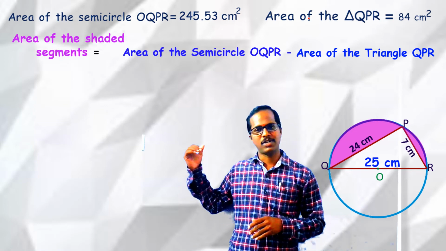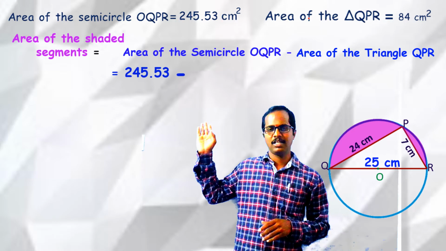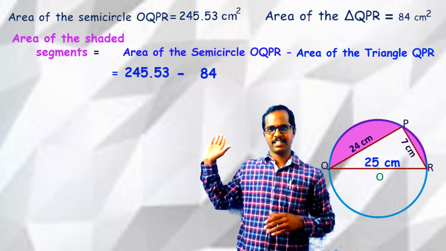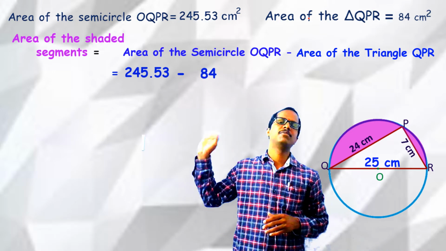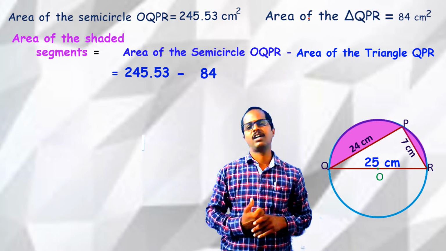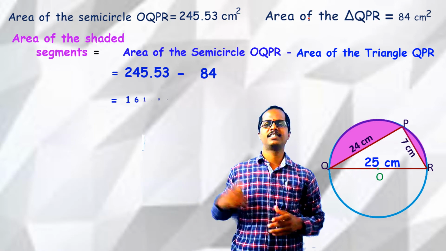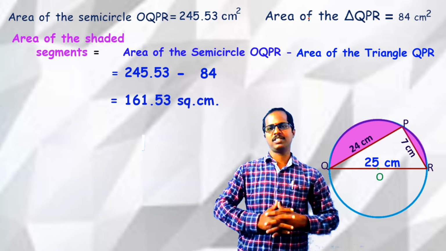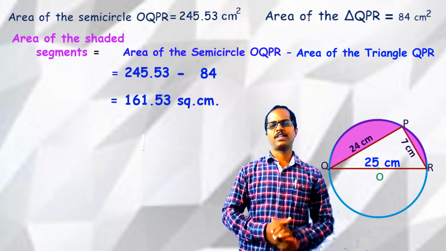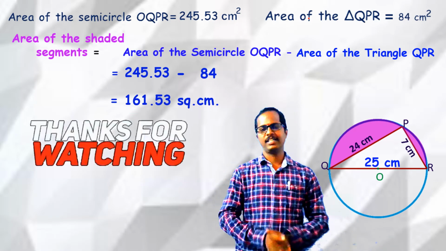It is 245.53, minus the area of the triangle, 84. By subtracting 84 from 245.53, we get the area of the shaded segments as 161.53 centimeters square. So this is the solution for example 2.